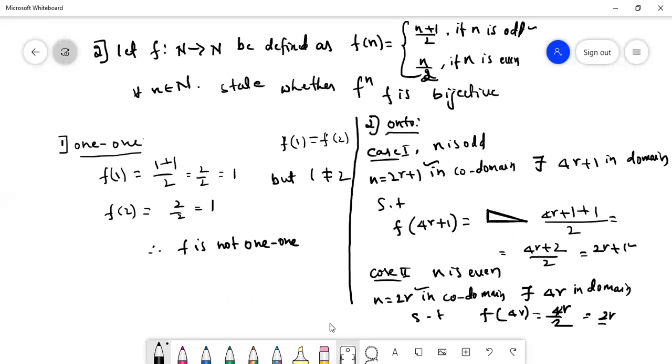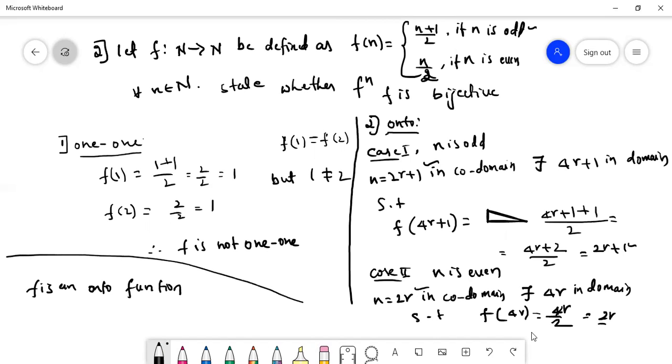Therefore, f is an onto function. f is not a one-one function, but f is an onto function.